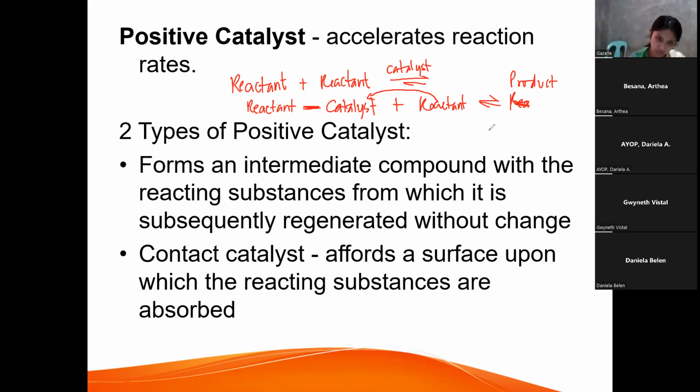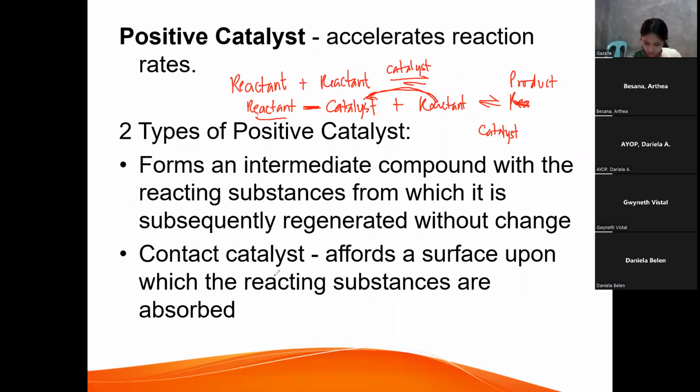And mahihiwalay si catalyst as its unchanged form. Hindi siya magkakaroon ng changes sa sarili niya. Magfo-form lang talaga siya ng compound with the reactant, isang reactant, para mabilis ma-attract yung another reactant. That's how it speeds up the reaction.